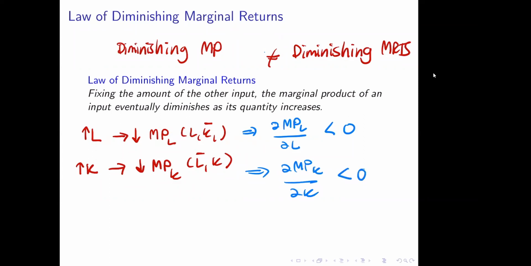We know that MPL comes from the partial derivative of the production function with respect to L, so you can rewrite this a little bit. That is MPL, holding K constant, and this is MPK, holding L constant.